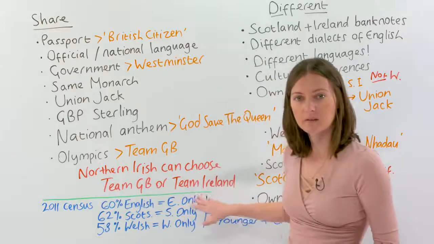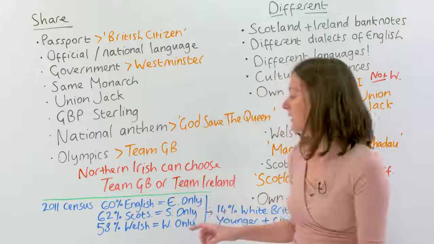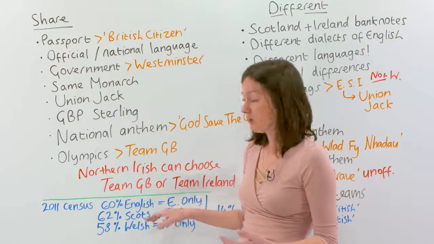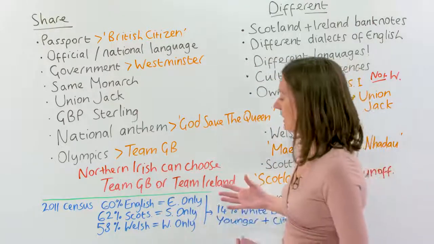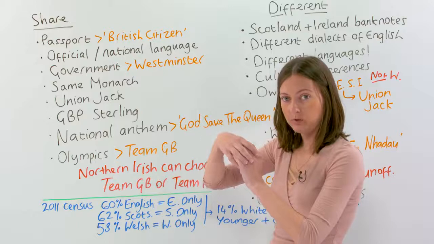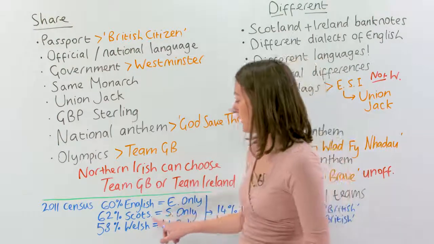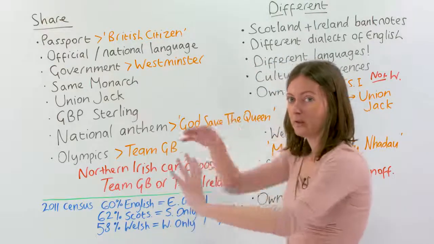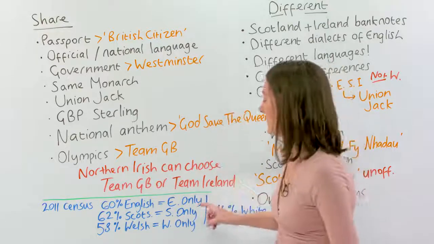And this is an interesting thing to think about because there are people in Scotland who wish for their own independence from the United Kingdom. So they would like to separate from the United Kingdom, and many of them would like to join the European Union on their own and not be part of the United Kingdom.